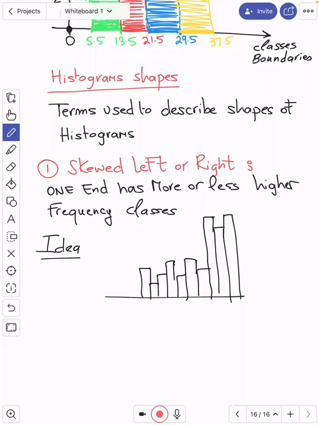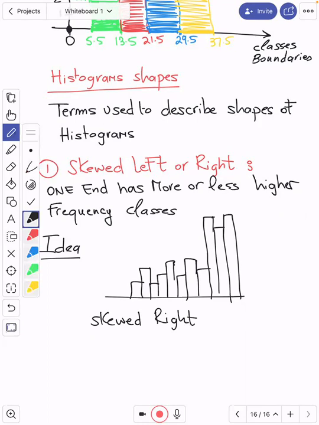In this case, this histogram is skewed right, because as you can see on the right side, these classes right here have the highest frequency, right? So the right end has the highest frequency classes. So this is skewed right.